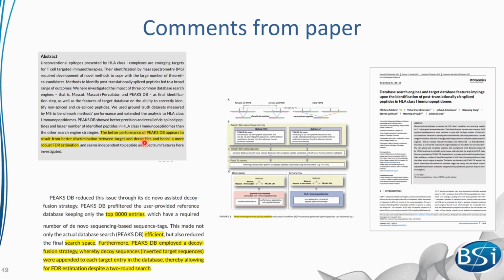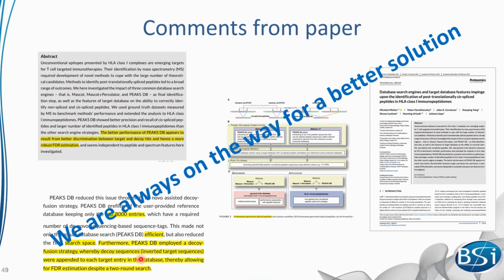Based on their paper, they find that PICS-DB performs well, since we have the target-decoy fusion strategies for the DB search to make sure the result is accurate. And in fact, our peptidome workflow uses the same strategies. So that means we are always on the way to better solutions.